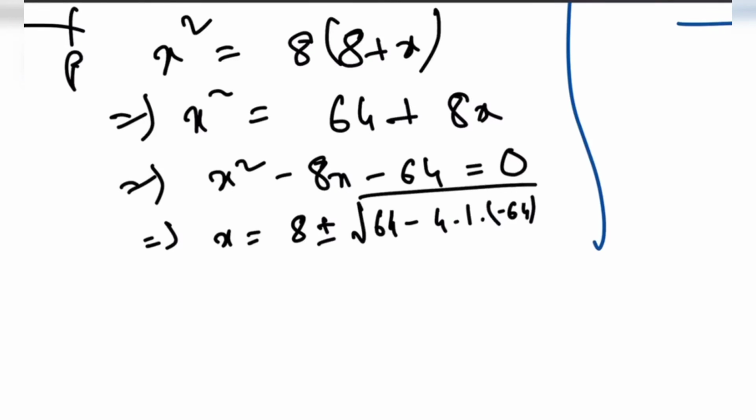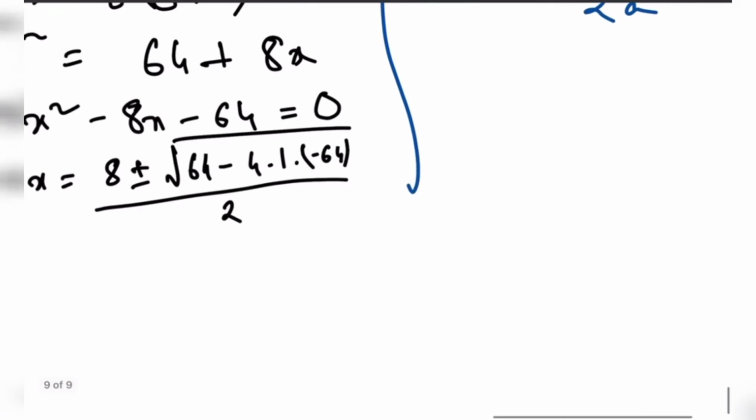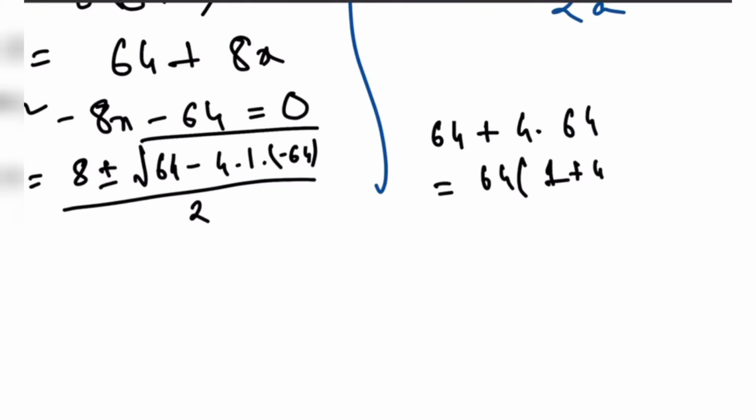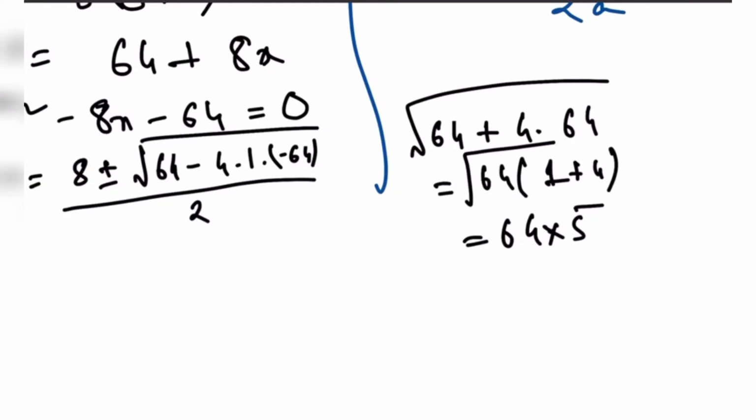this divided by 2. Notice that 64, so we have two minus signs, so you have a plus sign. So 64 plus 4 into 64 is nothing but 64 into 1 plus 4, that is 64 times 5. So if you put square root sign over everything, then you get 8 root 5.